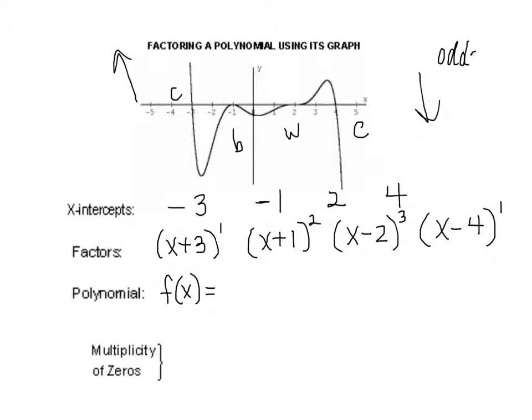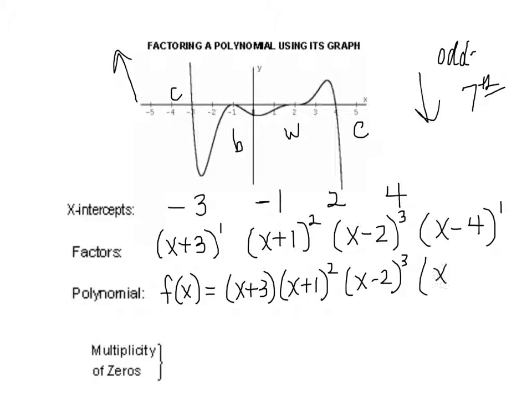So if you added that up, that'd be 1, 2, 3, 4, 5, 6, 7. This is a 7th degree polynomial. So if you're writing the polynomial, it would look like this: x plus 3, x plus 1 squared, x minus 2 to the third, x minus 4 to the first, or just leave it like that.